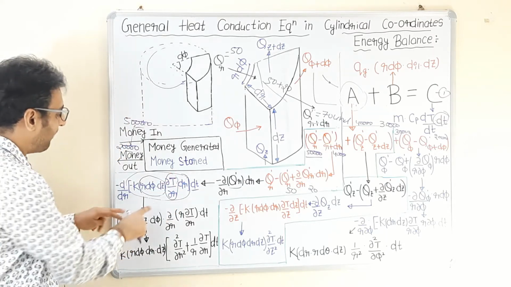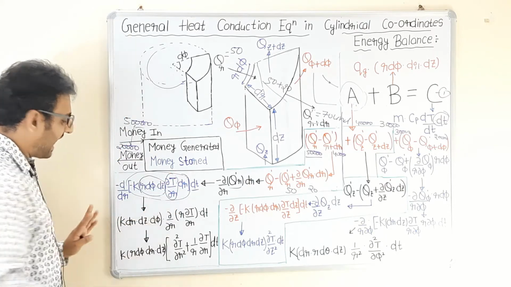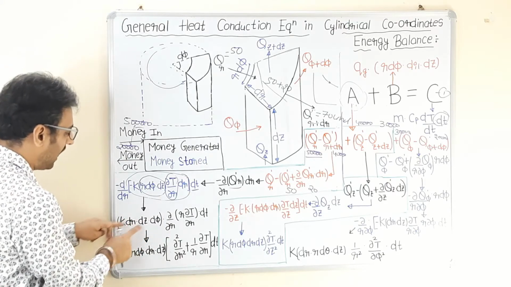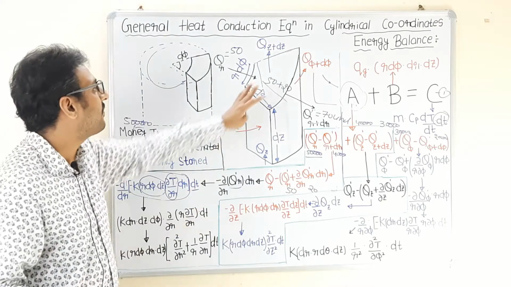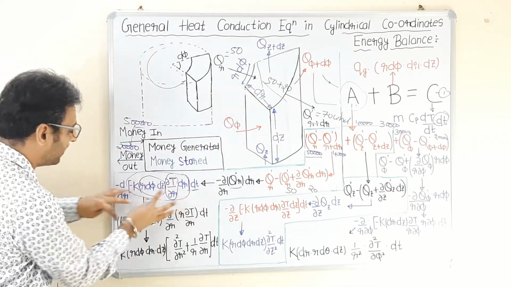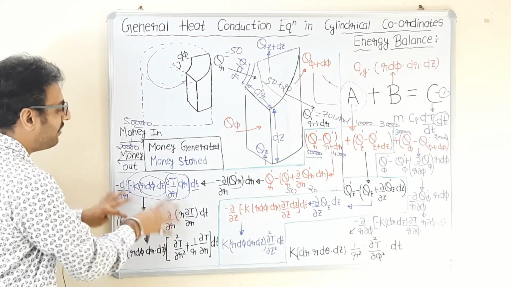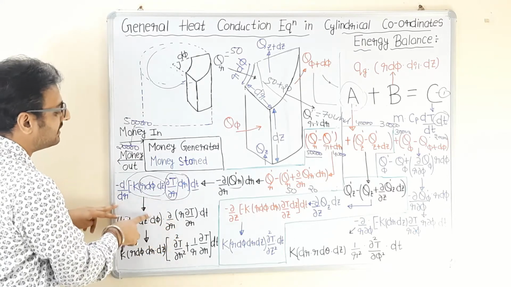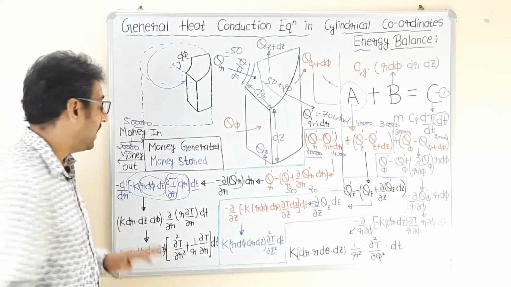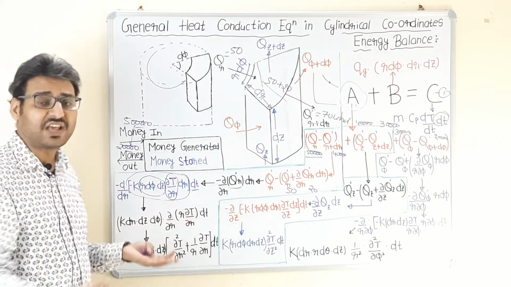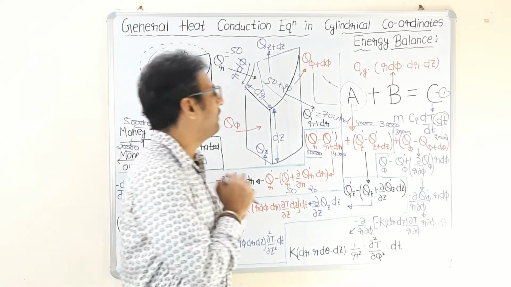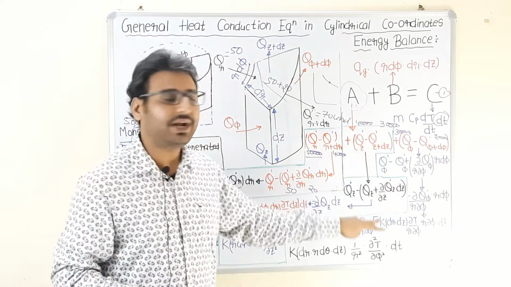Now, after further simplification, as we already know, thermal conductivity and these terms dr, dz and dphi are the dimensions of the control volume which are constant. So all constants are taken out of the derivative. After that we will get the equation like this, and r and del T upon del r are the only variables in this equation. After differentiation by chain rule, we will get the equation like this.